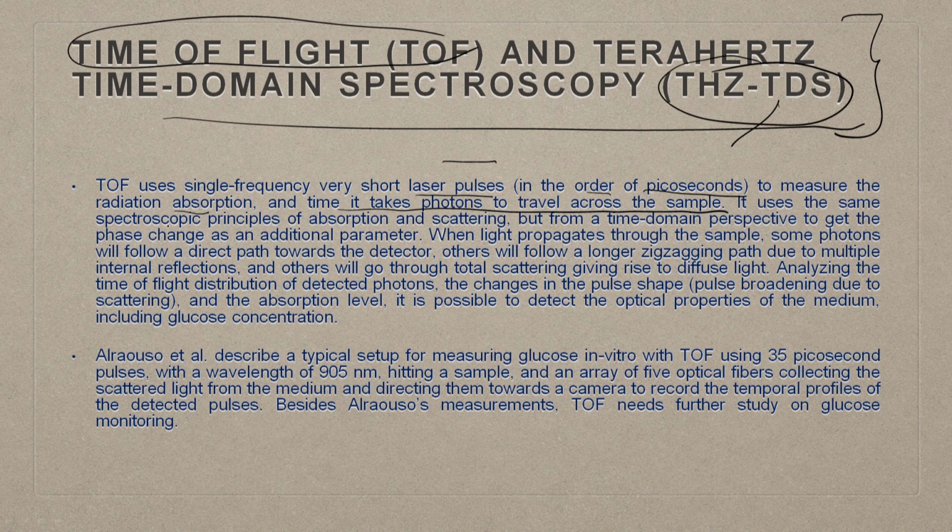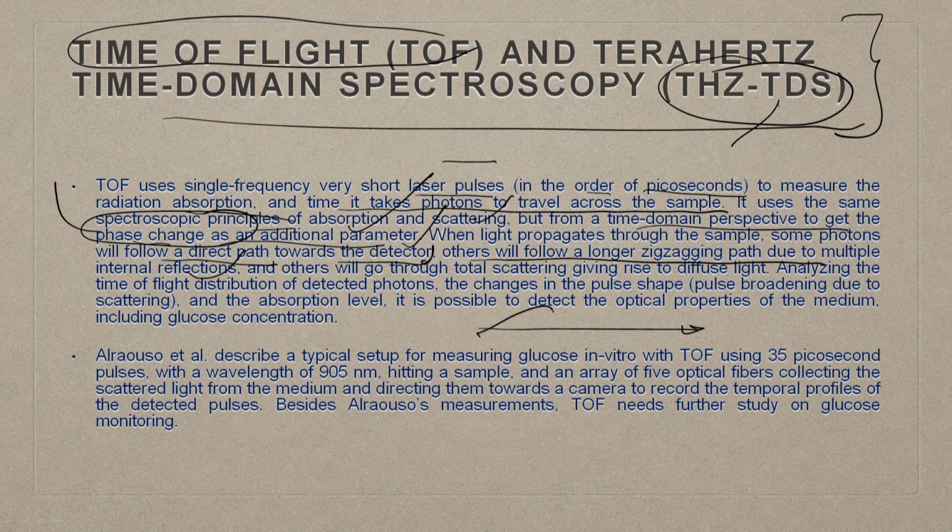It uses the same spectroscopic principle of absorption and scattering, but from a time domain perspective, to get the phase change as an additional parameter. So, this is the part which is of significance, the phase change. When light propagates through the sample, some photons will follow a direct path towards the detector, while others will follow a longer zigzag path due to multiple internal reflections to the detector.